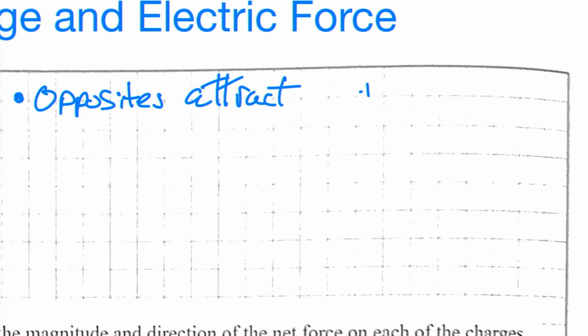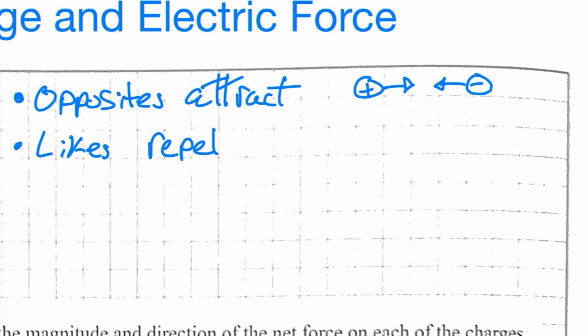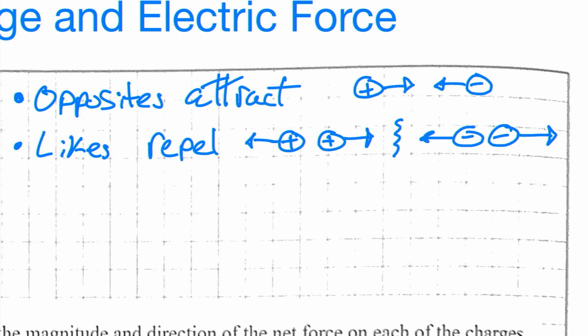So a positive charge and a negative charge, they will experience an attractive force. Like charges will repel. So if you have a positive and a positive, they are going to push each other away. Similarly, if you have a negative and a negative, they are going to push each other away.